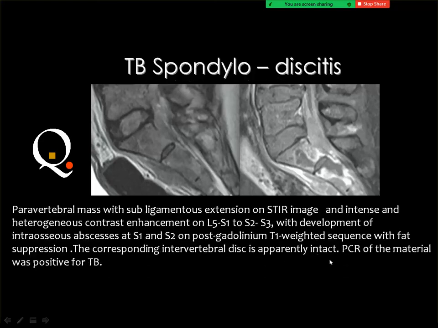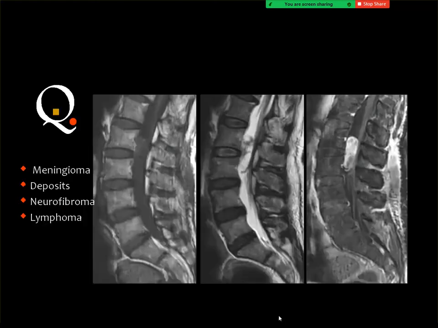As you can see, there is some inflammation of the disc at L5S1, between the first sacral and the second sacral vertebrae, with some vertebral soft tissue component, and you got some enhancement of the affected vertebral body.